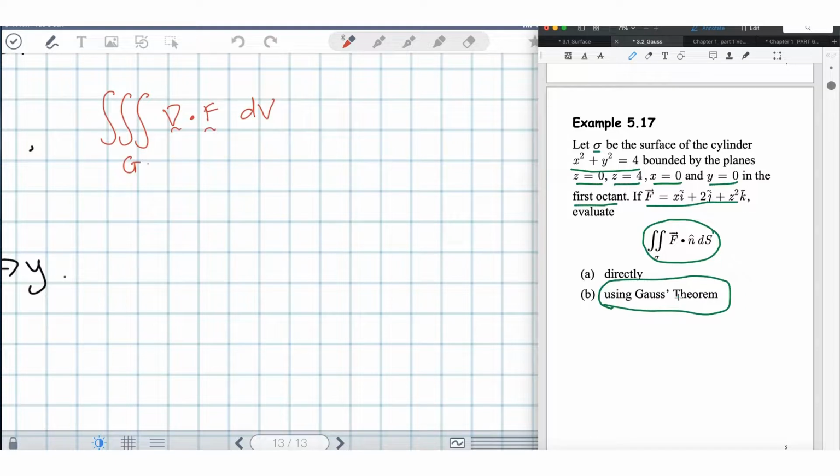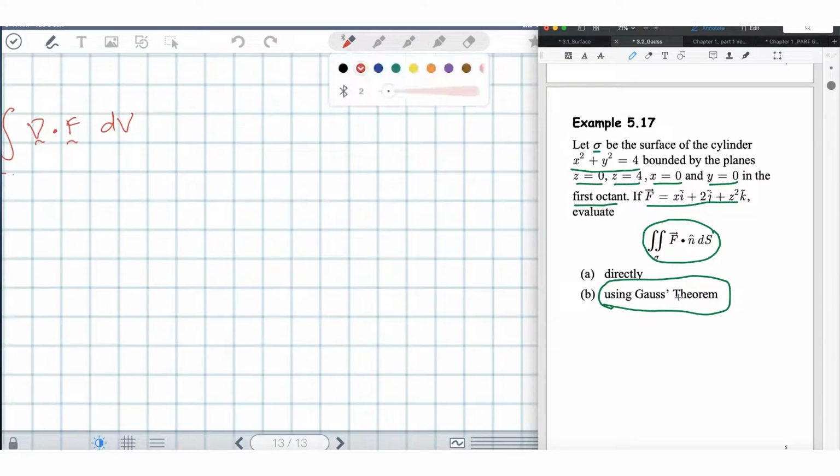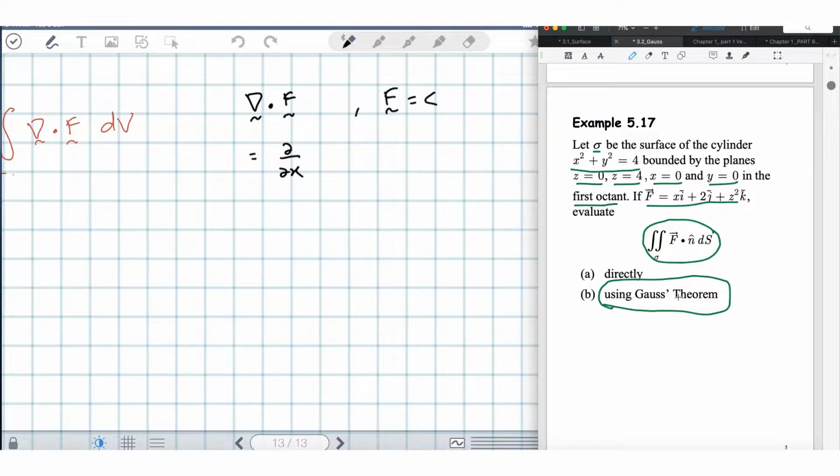So now we compute the divergence. We have del x of, your F, where the F given is x, 2, and then z squared.